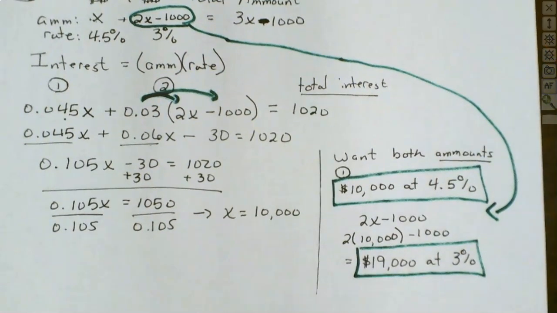And students always kind of get confused with these, but we're going to do a lot of them. Because you use this same principle when you do the mixture problems and the distance problems and coinage problems of next week. So we'll do more of these type of problems next week as well. Now, this was an investment problem.